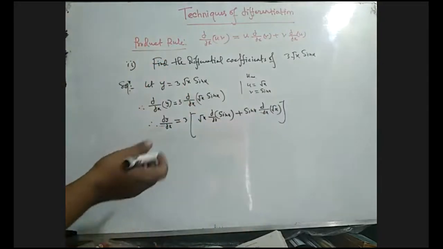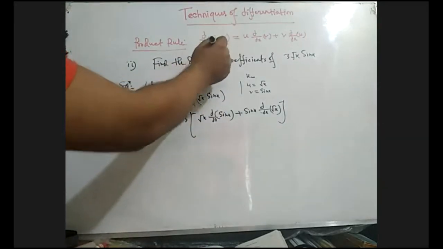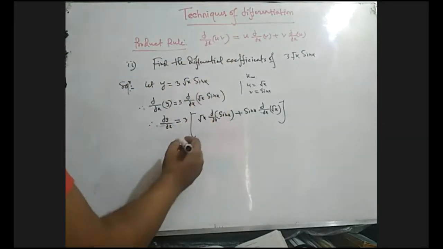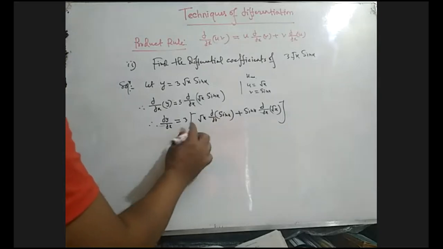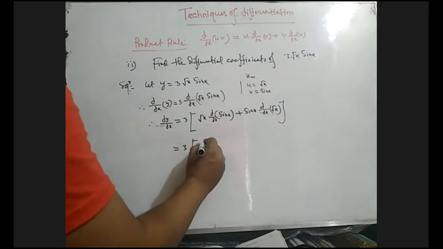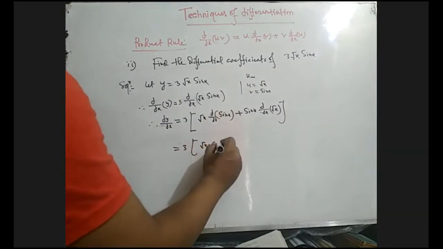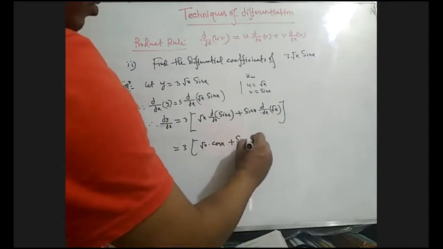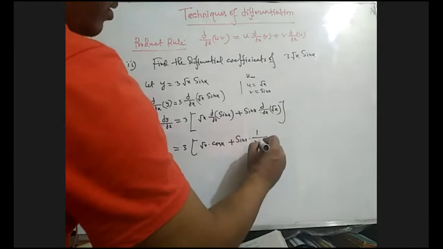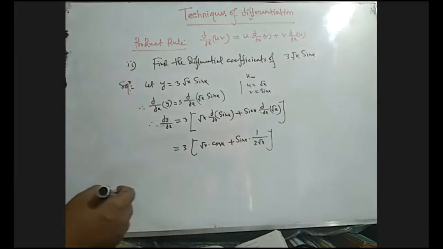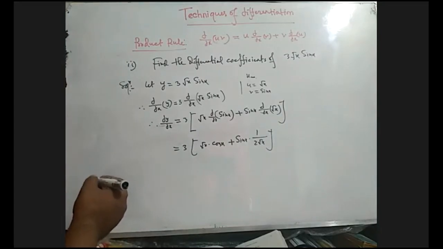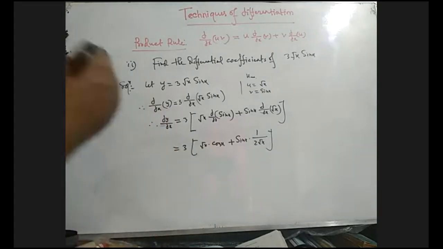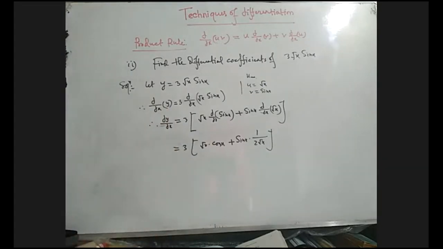This is from the uv rule. So this equals root over x times the differentiation of sin x, from the formula chart cos x, plus sin x into the derivative of root over x, the formula being 1 by 2 root over x. So this is the result. Very easy.